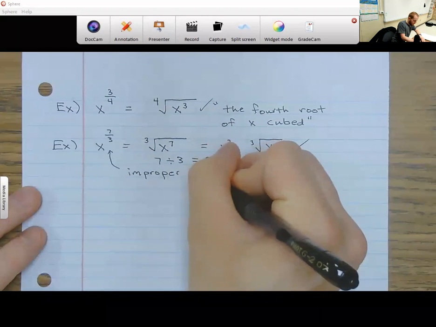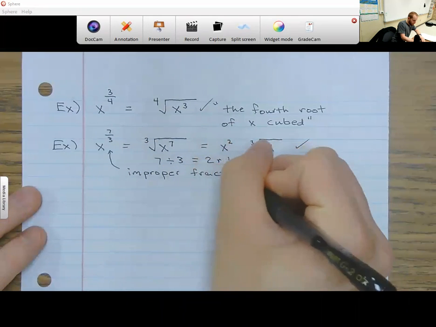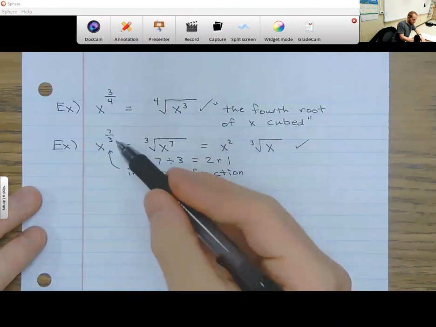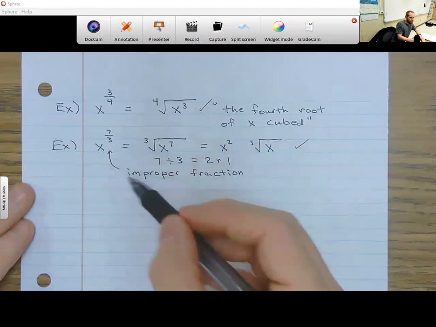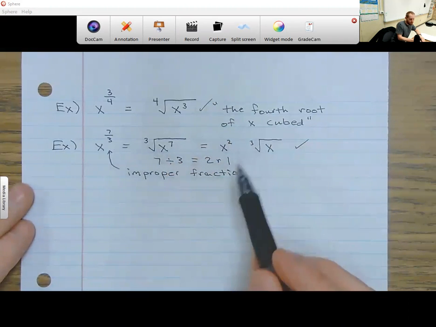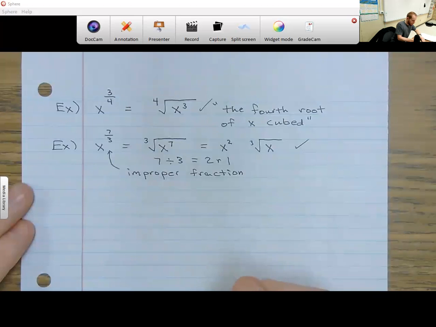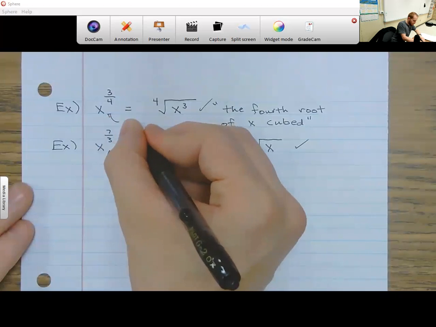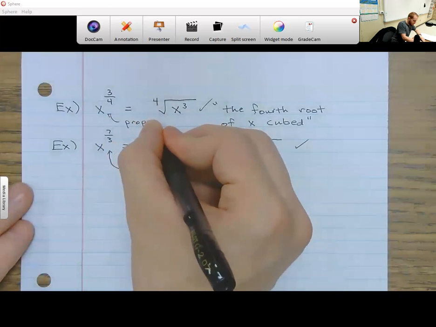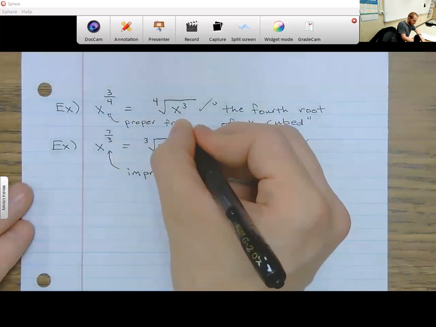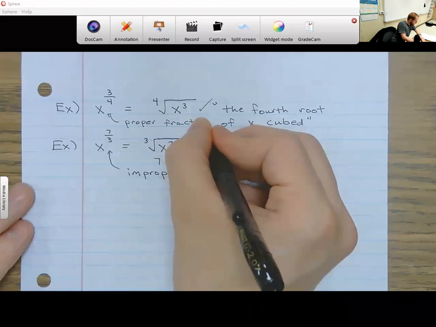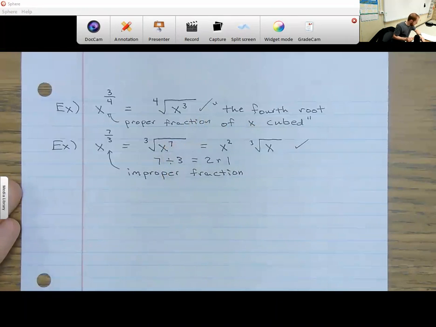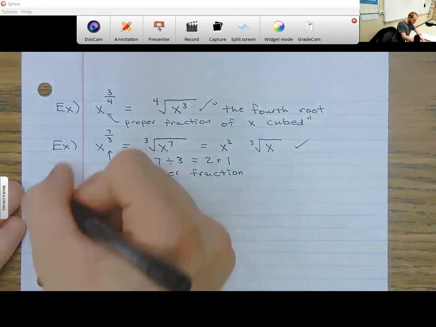And if you remember what that means, that just basically means that the top of the fraction is bigger than the bottom of the fraction. And that means some of the x's are going to be able to come out. But the 3/4 up here is actually a proper fraction because the top is smaller than the bottom, right? Okay. Let's do 2 more examples like that.